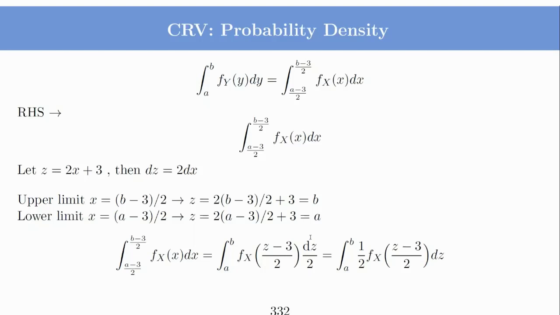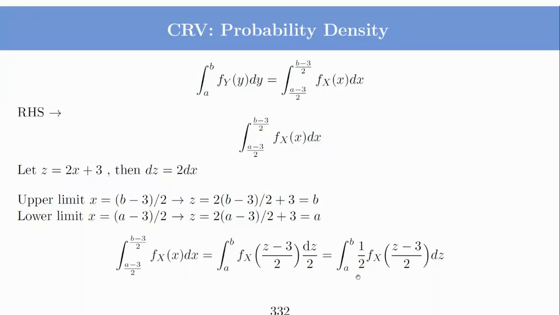So the integration of the density of x from (a minus 3)/2 to (b minus 3)/2 can also be written in terms of z: dx will become dz by 2, the limits will become a to b, and for small x, because z is equal to 2x plus 3, x is equal to (z minus 3)/2. So I will substitute that here. Instead of x, I will have (z minus 3)/2. So this integration will become, from a to b, half f_X((z minus 3)/2) dz.